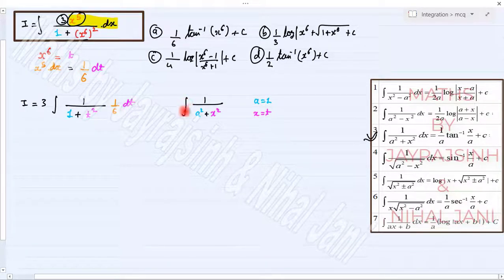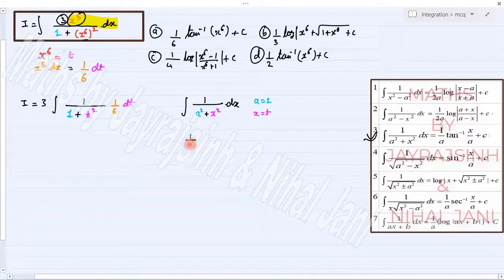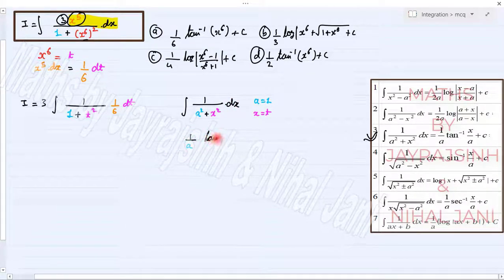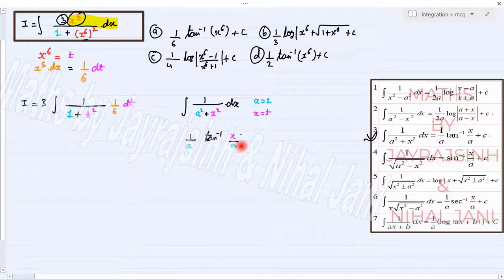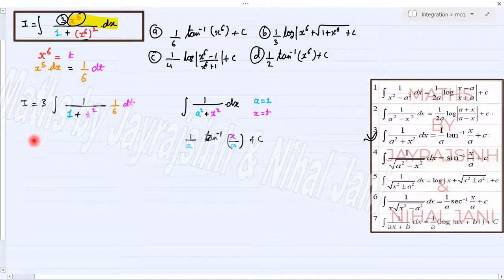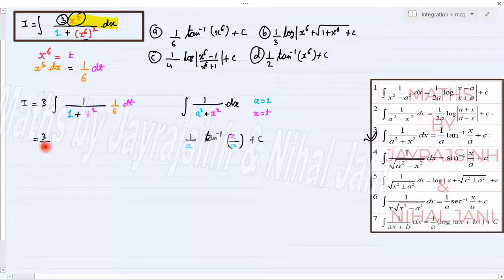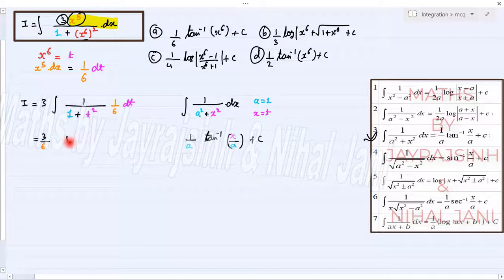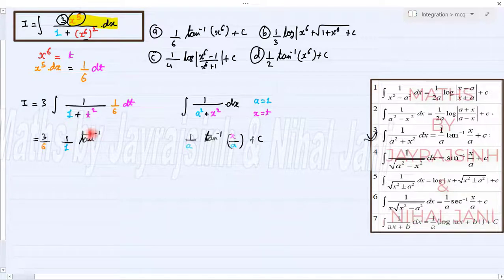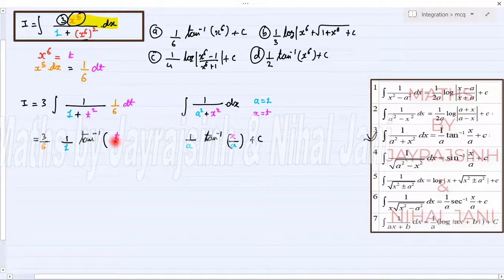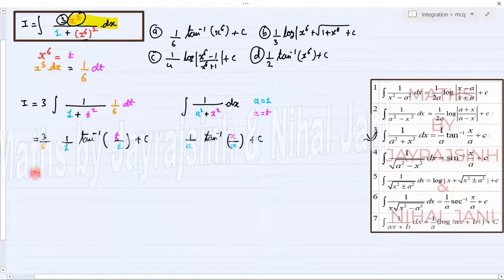So, using third formula, we can say its integration is 1 upon a into tan inverse of x by a plus c. So, 3 by 6 is constant, we don't have to worry about it. Its integration will be 1 upon 1 tan inverse of t by 1 plus c.